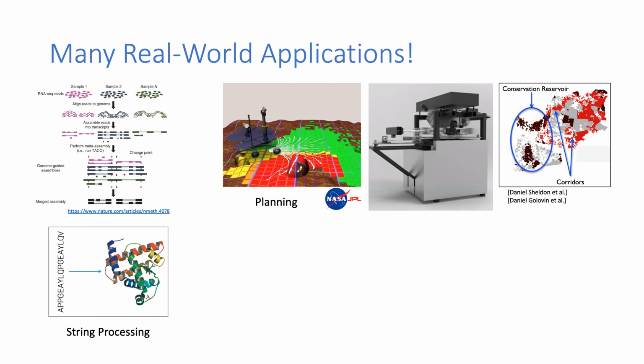They typically lead to what are called NP-complete or NP-hard problems. If you've taken CS 138, you should know what those are. Or 38, excuse me. So many planning problems are NP-hard, so people design heuristics to solve them well for specific domains, and we can imagine using learning to automatically design those heuristics.